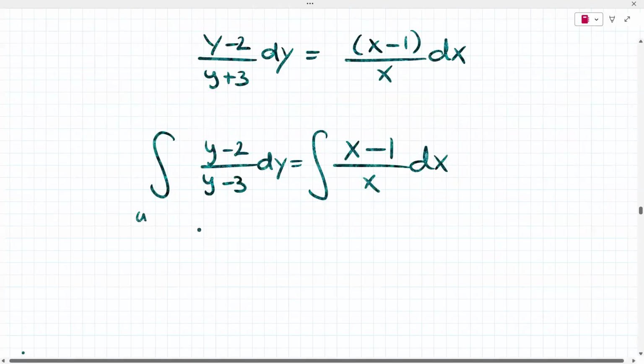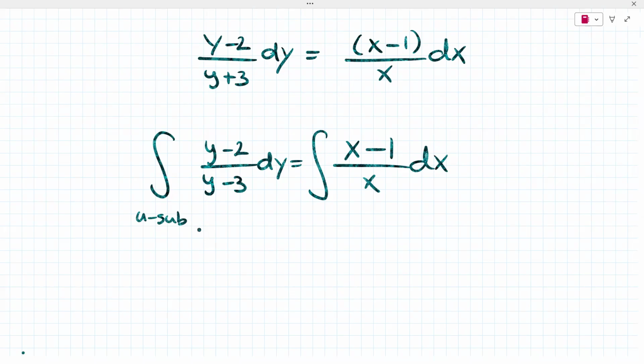You would have to use substitution. And then over here, it's a fraction, right? I guess you can simplify this more, right? If you divide each term by x, x over x is 1, minus 1 over x, and then you have this dx.